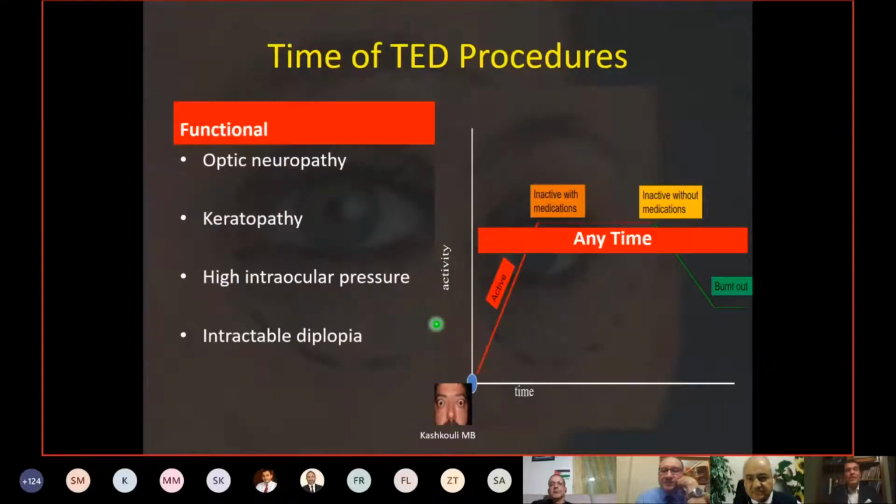How about surgery? Surgery is divided into 2 sections. Either we are going to do functional surgery for optic neuropathy, keratopathy, intraocular pressure, or intractable diplopia. These are the 4 main indications for functional surgeries, any procedure in thyroid eye disease. You can do that anytime from the beginning to the end of the thyroid eye disease course.